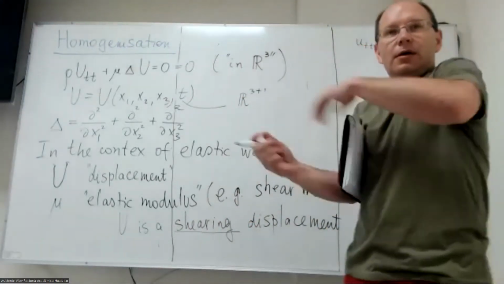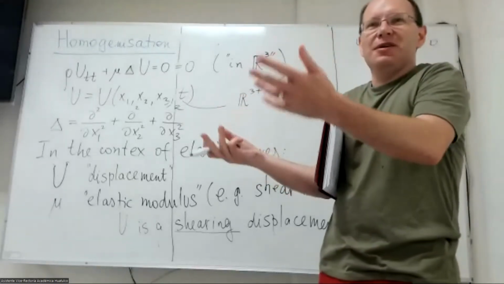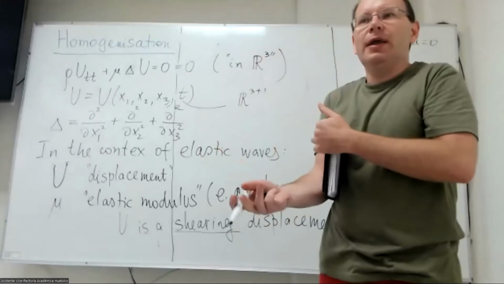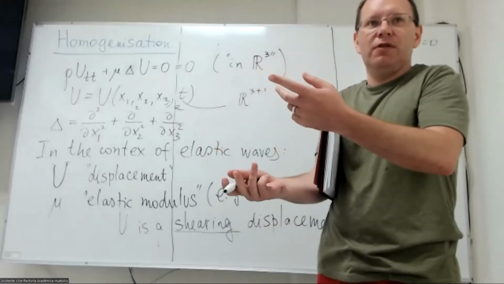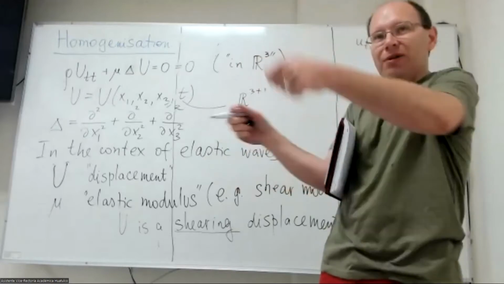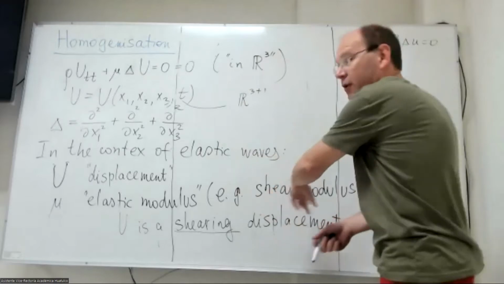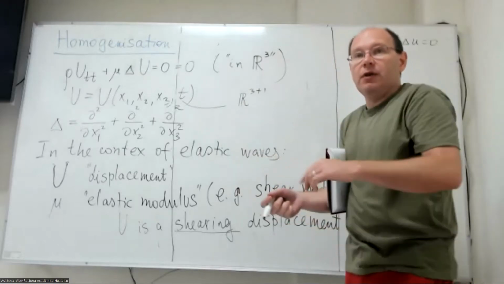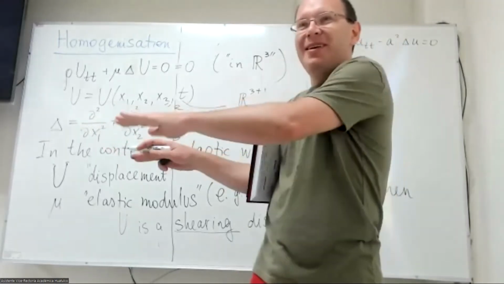So this piece of rubber, if it's a nice homogeneous and isotropic medium, actually has 2 elastic constants describing its response to all possible deformations. One of them is this shear modulus, and in order to measure it, you perform exactly this experiment of shearing that I've described.